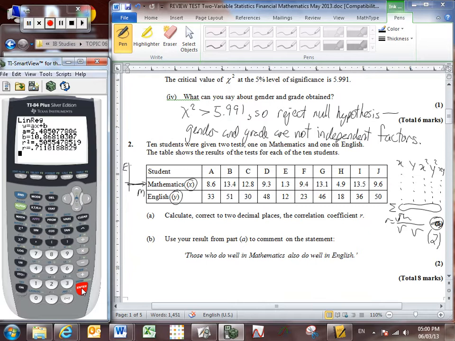Not only can we see the values of the slope and the y-intercept in our line of best fit, but we can now see the r value is 0.711.